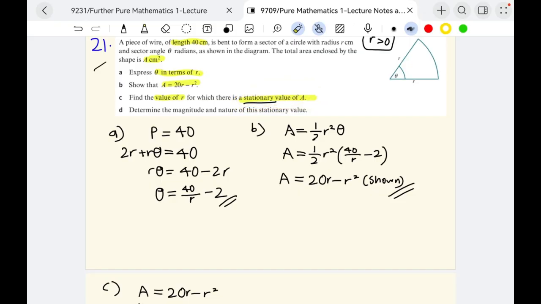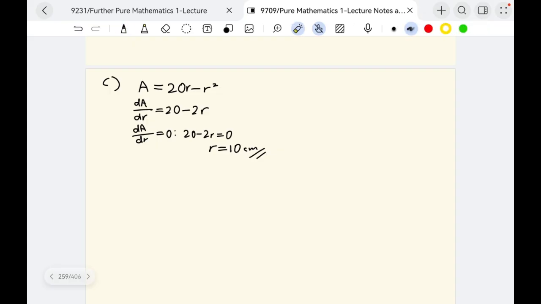Okay? D. Determine the magnitude and the nature of the stationary value. Okay, tell me, the nature of the stationary point means what? The value of the second derivative, which is d2A/dr squared, which means the gradient of the gradient of A. Or in other words, we take the second derivative, or find the derivative of the first derivative.